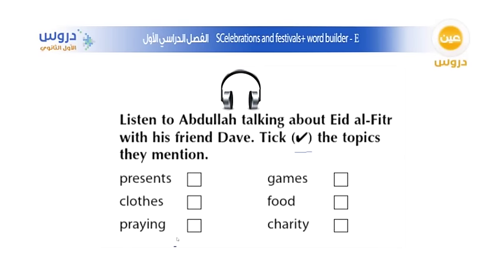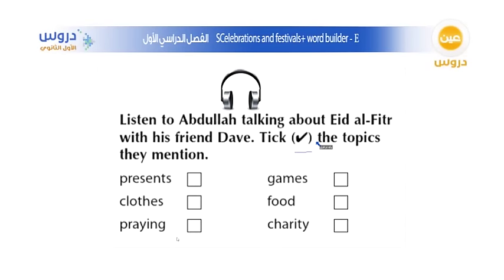So, perfect. So how can you check the topics they mention? Do I agree with Ms. Shahad? All of the words except games. Are you going to check the whole words?